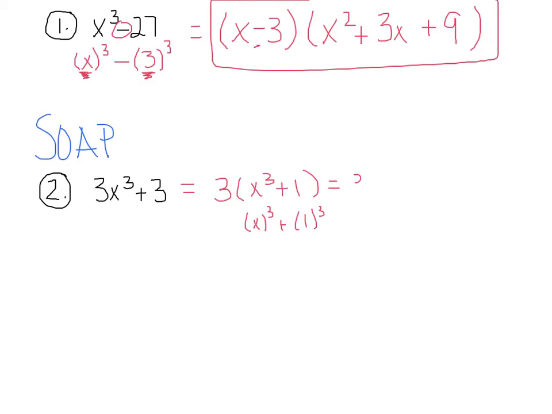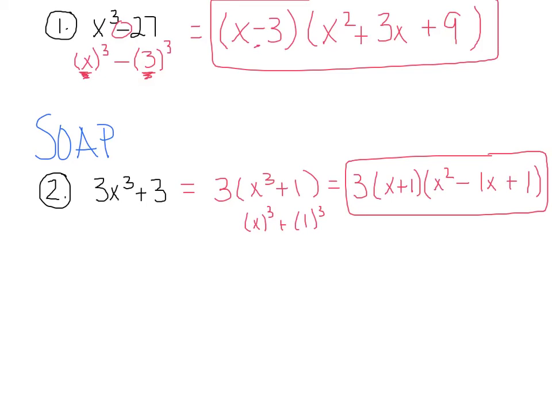We're going to have the 3 on the outside. We're going to have the same sign, so it'd be x plus 1. And then we're going to have x squared. We'll have the opposite sign, which is minus 1x, because we're just going to multiply those together. And then always positive on the back. 1 squared would be 1. And there we go. And you can always, again, multiply it back together to see if you got the correct answer.